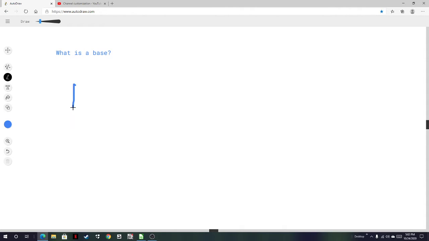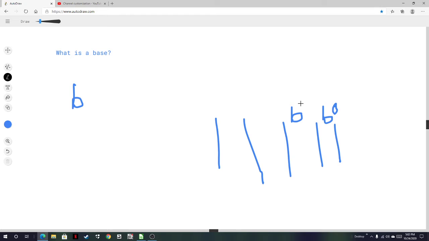Let's say you have base B. That means that the first column is B to the 0, B to the 1, and then B squared, B cubed, and so on.